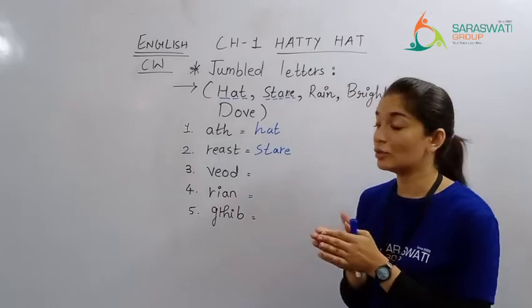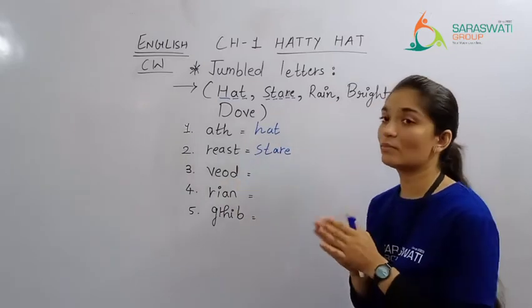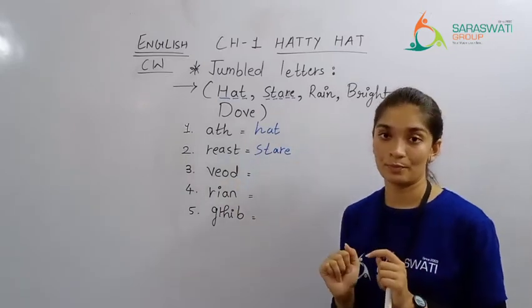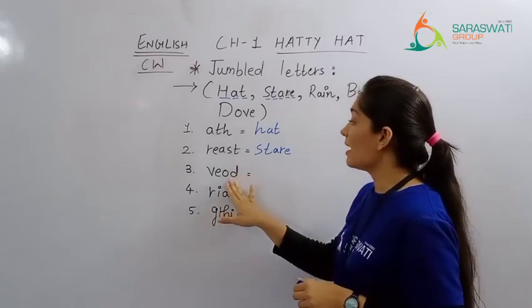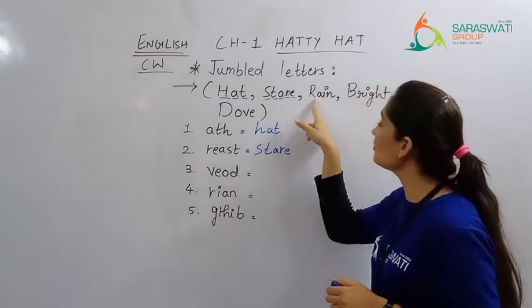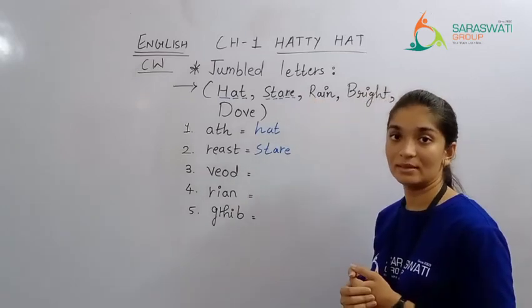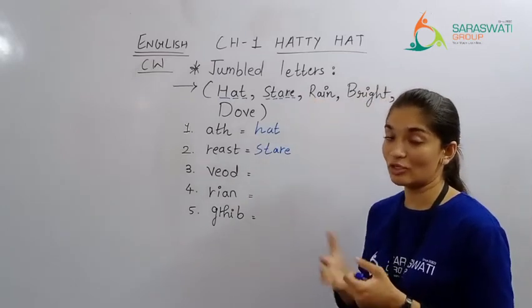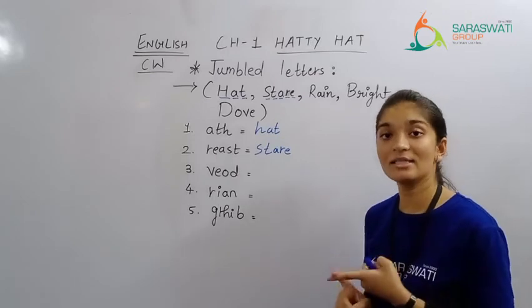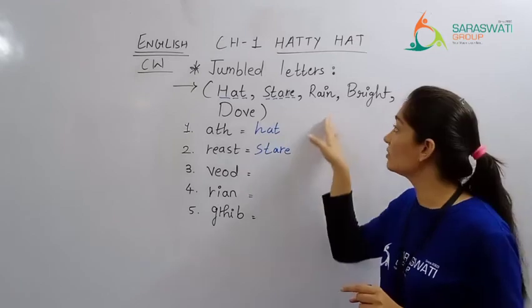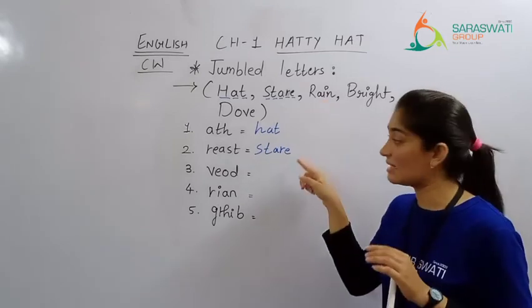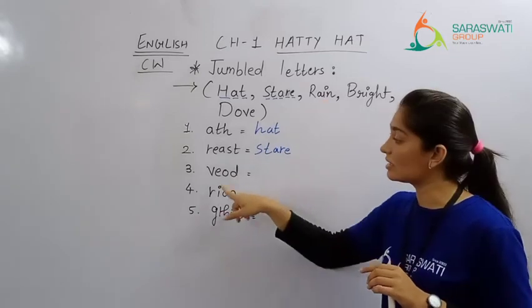Now what we will do? We will be comparing the letters in both of them. આપણે બેયમાં જોઈ લેશું કે letters compare કરી લેશું, right? Now in this one, do we have V in rain? આપણી પાસે V છે rain માં, we do not have V, right? So અહીંયા જ decide થઈ ગયું that this is not the word. Confirm થઈ ગયું that this is not the word which is the answer of this one. Because આપણે અહીંયા શું જોઈએ છે?